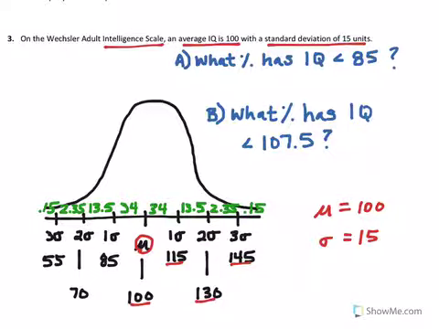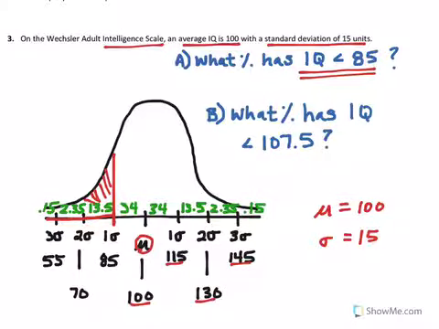Well, what is the percentage of the population that has an IQ that's less than 85? So we go over here and we see, well, 85 is exactly one standard deviation below the mean. And the population that is going to be below that consists of these numbers here. So I'm saying, well, what percent of the population is going to be represented in the area under this curve?